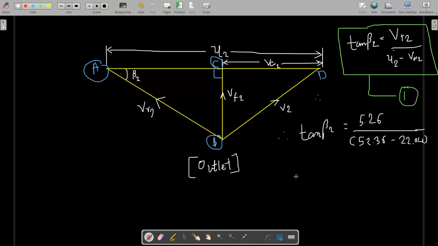Just solve it in your calculator. You will find beta 2 is equal to tan inverse of this value, and this will come as 10.5 degrees. So 10.5 degrees is the outlet blade angle, and this is the final answer.